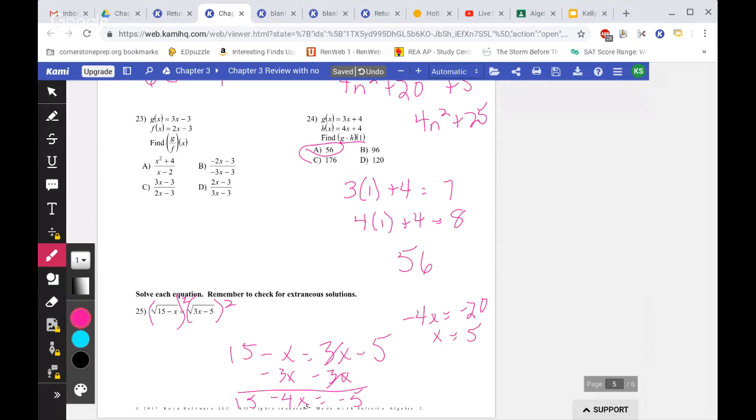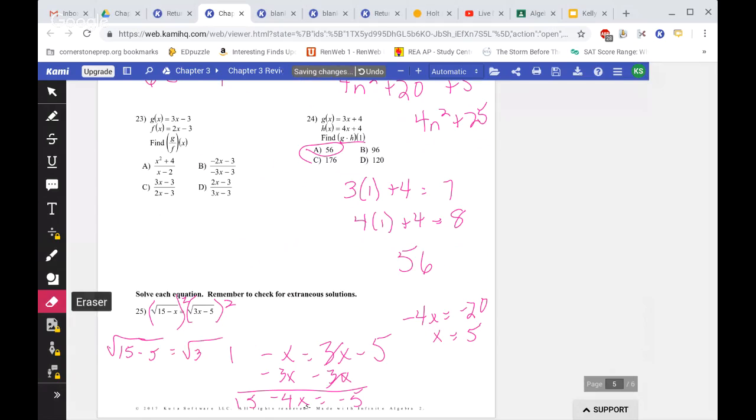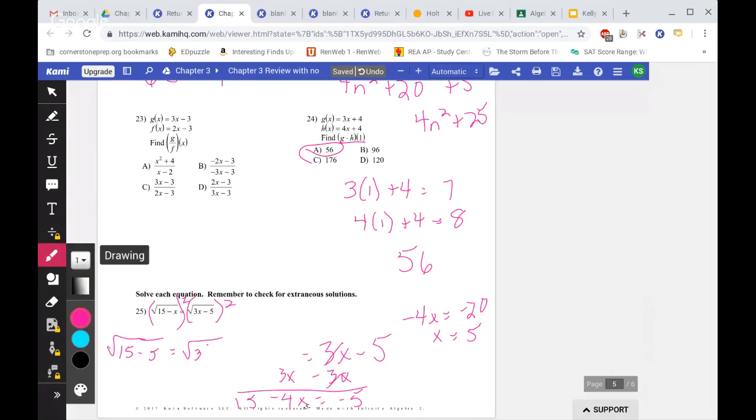And then you're supposed to plug that back in and make sure it works. It does end up being 10, both sides. There you go.